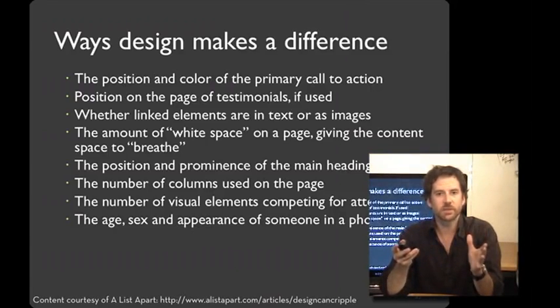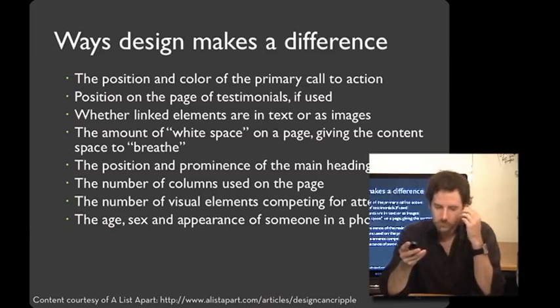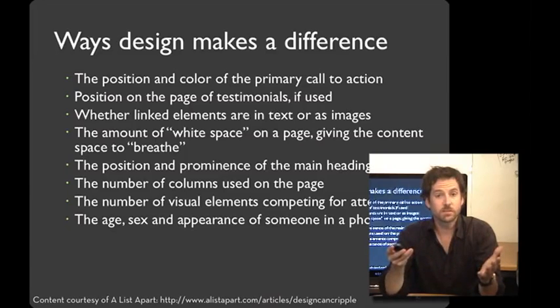So what we see in this simple example from A List Apart is a number of important ways that small changes in design can make a significant difference in the effectiveness of a site. As A List Apart writes, these can include things like the position and color of the primary call to action. What are you conveying to users that they should do on this page? Where are testimonials used, and how are links and images conveyed on the page?